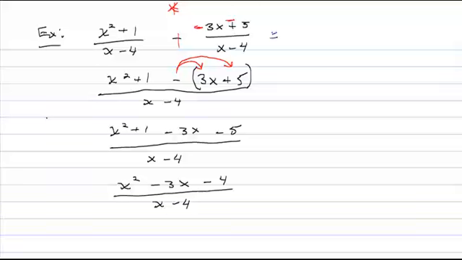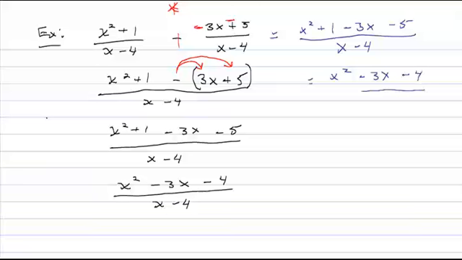So we get x squared plus 1 plus negative 3x minus 5 over x minus 4. And that leaves us with x squared minus 3x. Combining like terms, we have 1 minus 5, which is negative 4. And that's over x minus 4.